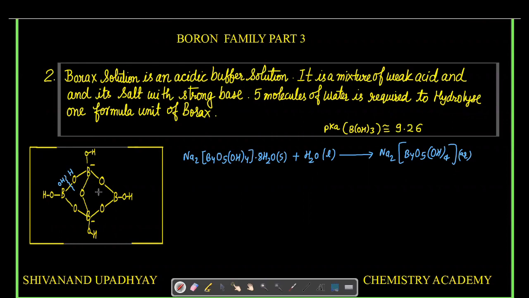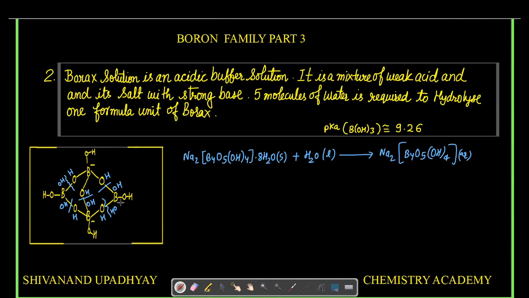Same way there are 5 BOB bonds. If I break water and add here H and OH, again if I break this bond, here it will be H, then here it will be OH, and here if it is H, then this will be OH. So now you can see that after hydrolysis there is formation of 2 molecules of boric acid.